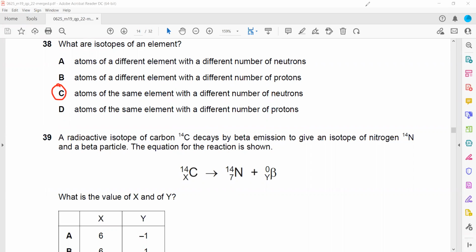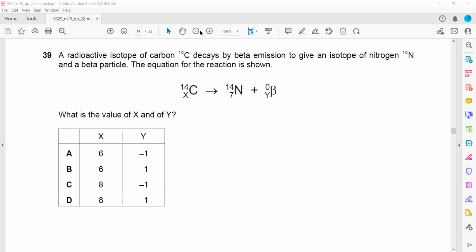Then in question 39, a radioactive isotope carbon-14 decays by emitting beta. So if there's a carbon-14 and it emits beta, it turns into nitrogen, and a beta particle is there. What happened? We know the mass number does not change. If it was 14 before, it will be 14.